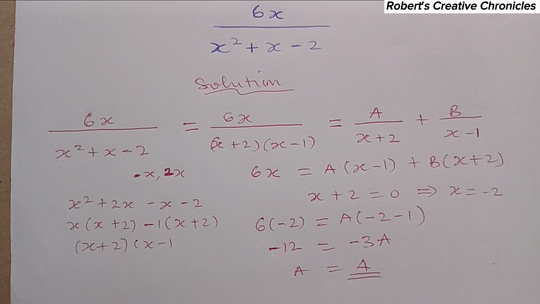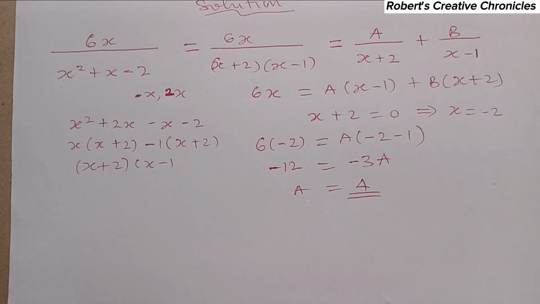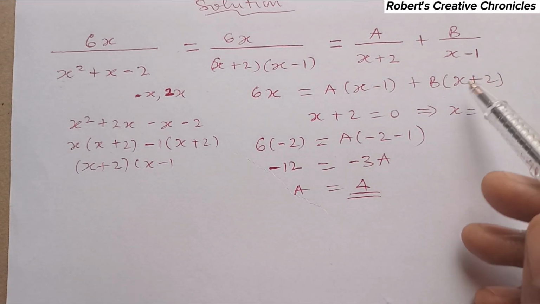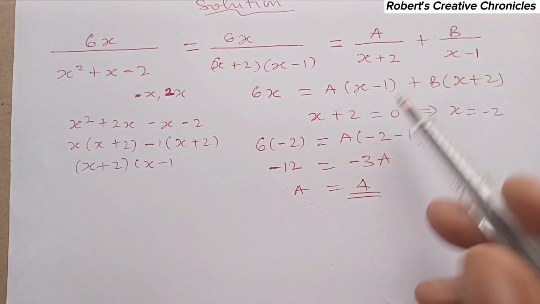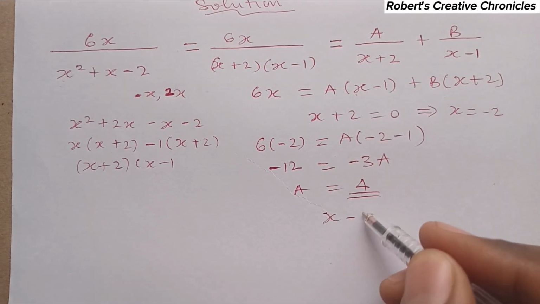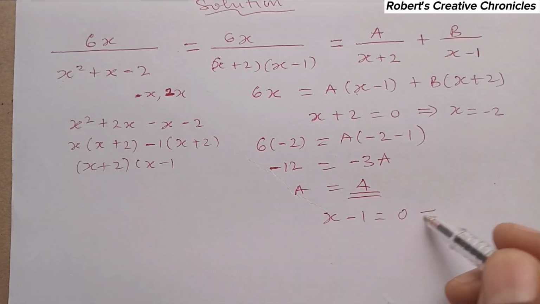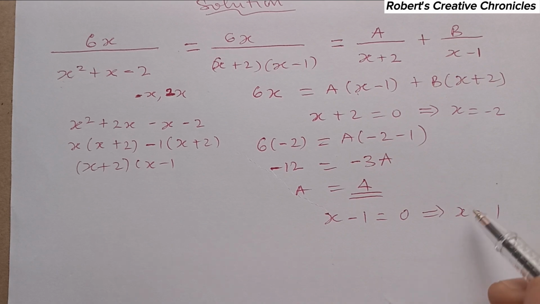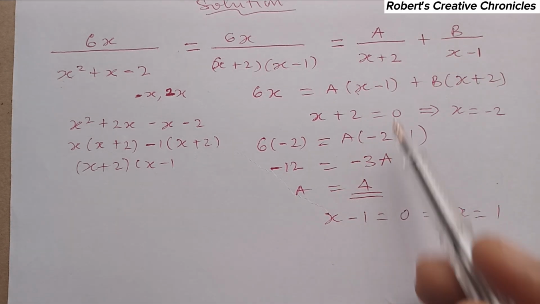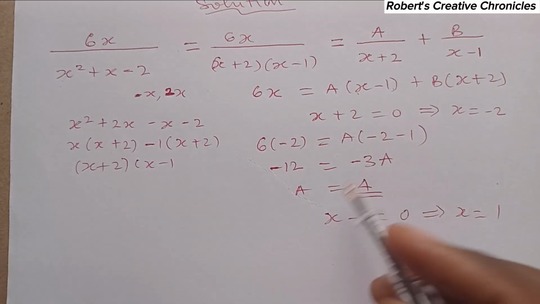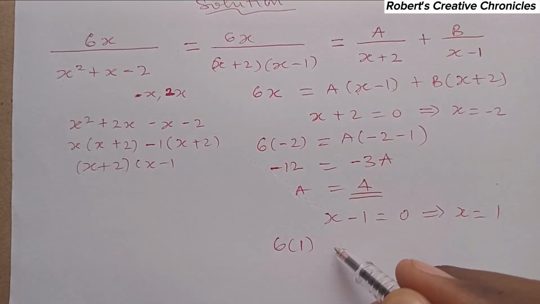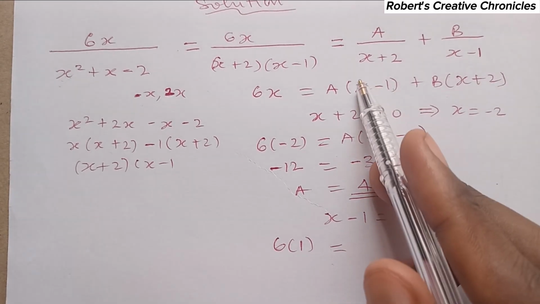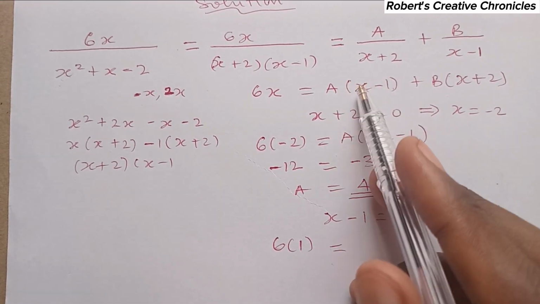So A is 4. Then we'll eliminate A to find B. To do that, we set x minus 1 equal to 0, so that x equals 1. Now, when x equals 1, we substitute it into this equation. 6 times 1, and 1 minus 1 is 0, so that term is 0.